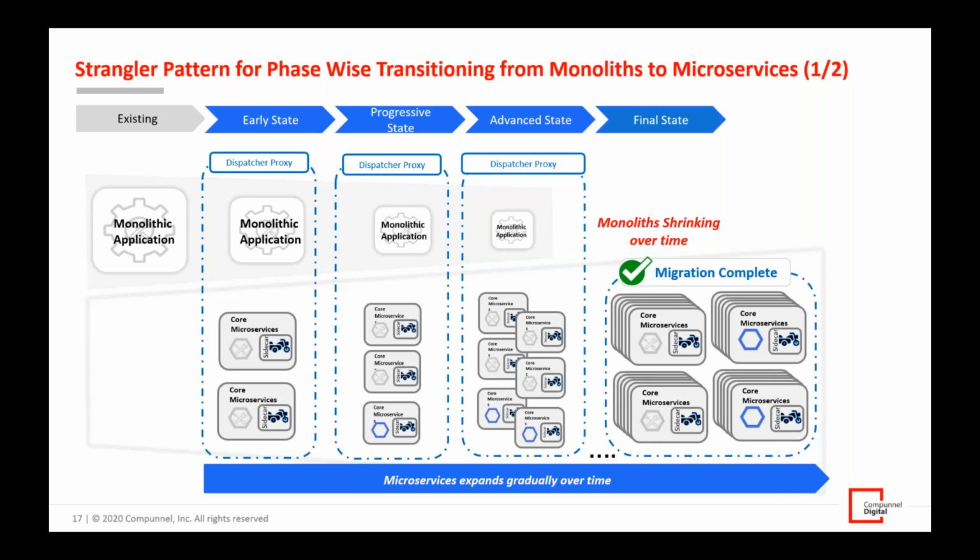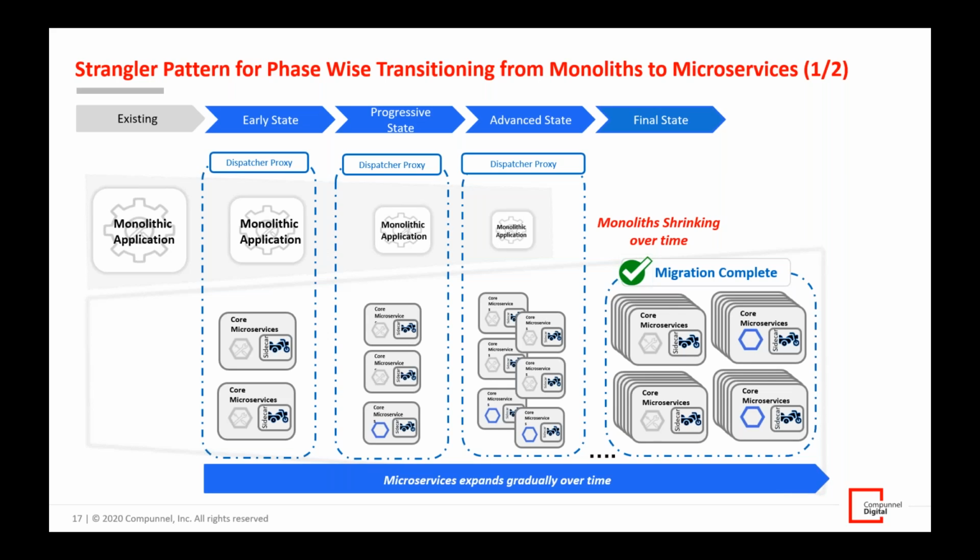And of course, the proxy takes ownership of even aggregating the response. For example, if the user is requesting data which has to come from the monolithic and also from the microservices, the Strangler pattern helps you collect and aggregate the overall response and take it to the user.